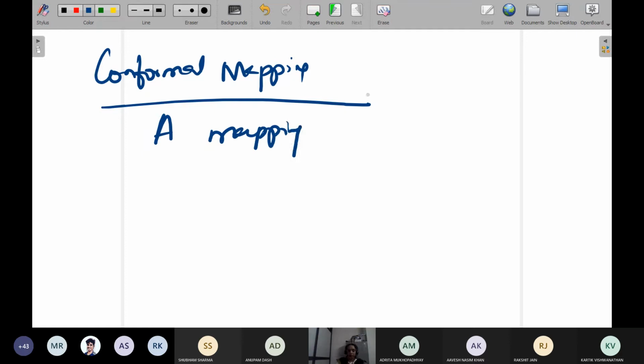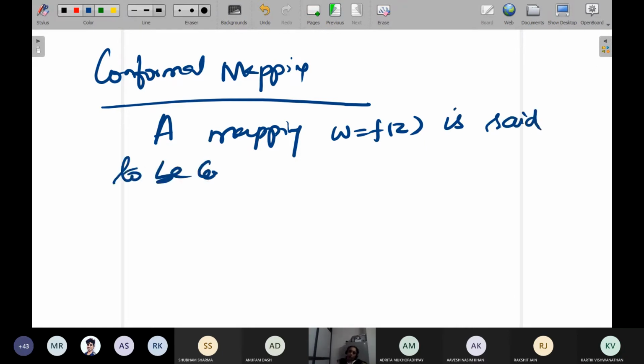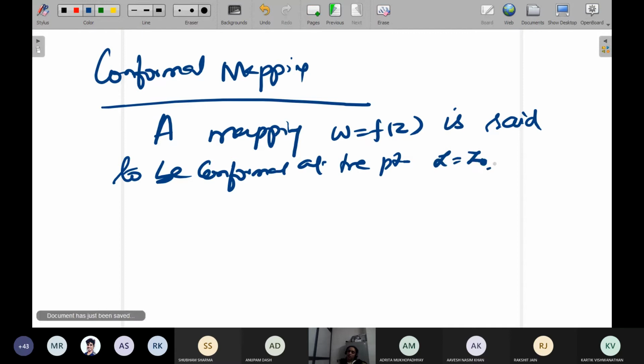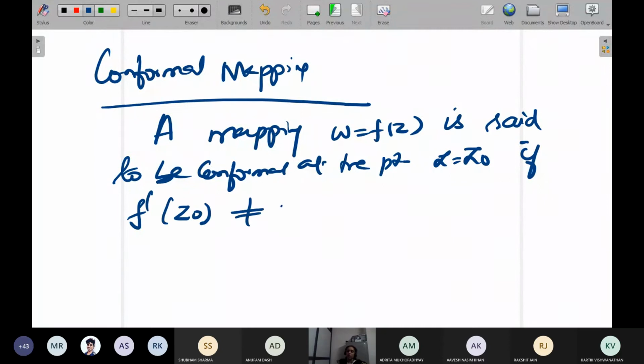A mapping w = f(z) is said to be conformal at the point z = z0 if the derivative of the function at the point z0 is not equal to 0.